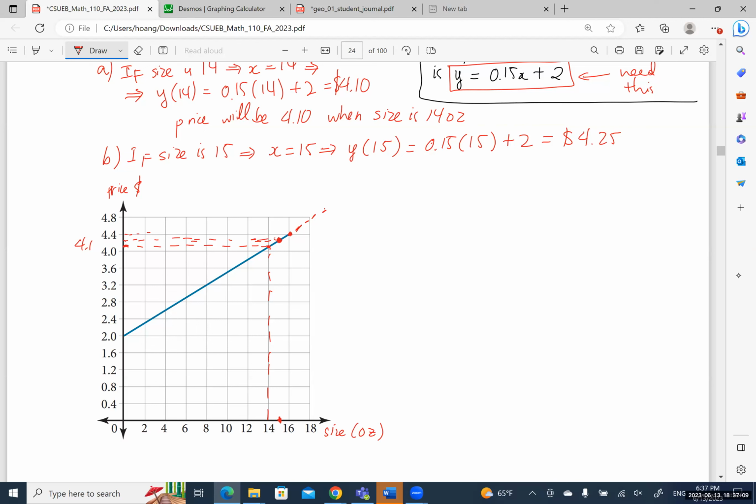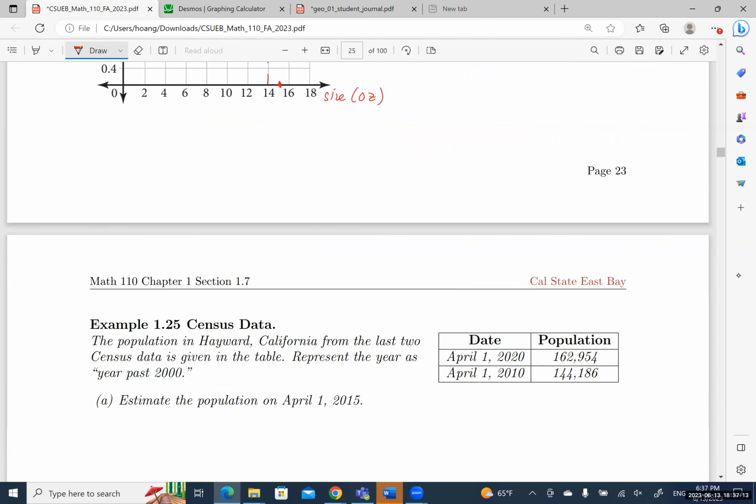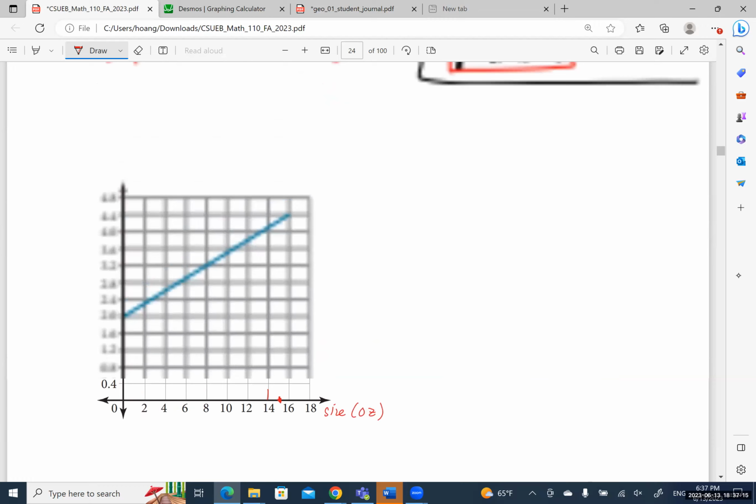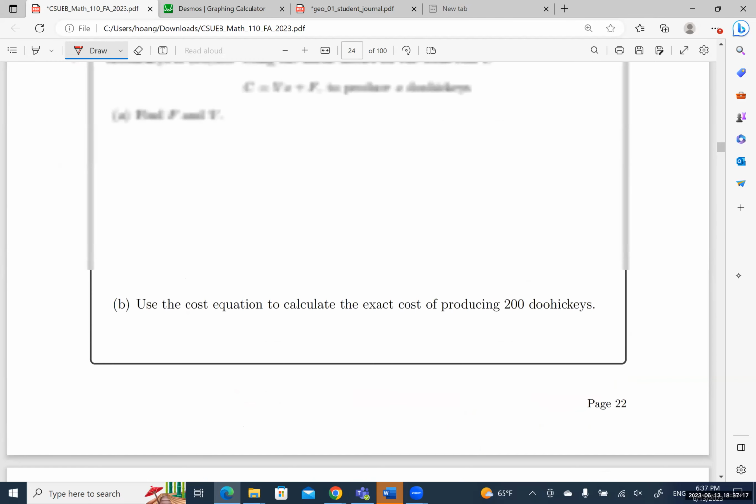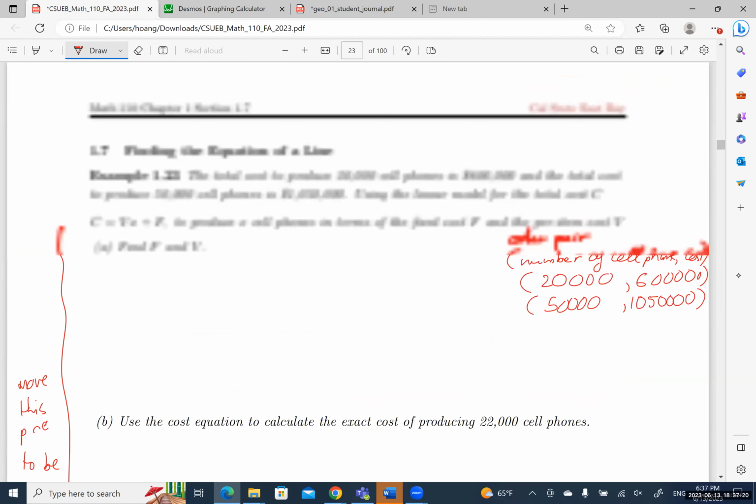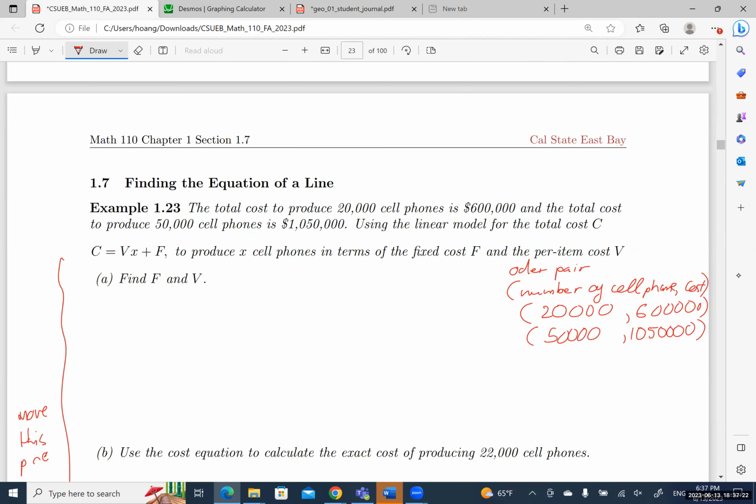Okay, so now I would like to move back to the cost problem here. In the cost problem, I also set up the ordered pairs with the number of cell phones first and the cost as the output.